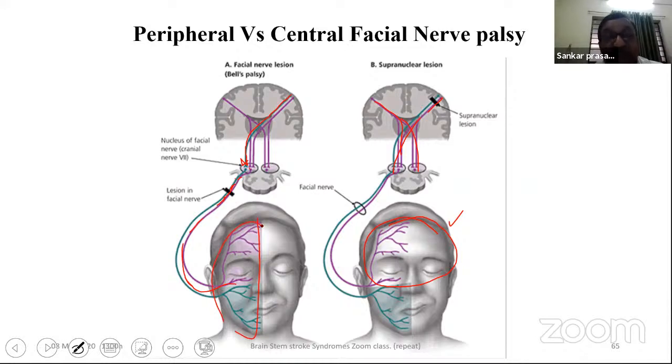The facial muscles are controlled by supranuclear fibers originating from the cortex, descending to control the nuclei in the pons. From the pons, the synapse takes place at the facial nerve nucleus and the fibers travel down.